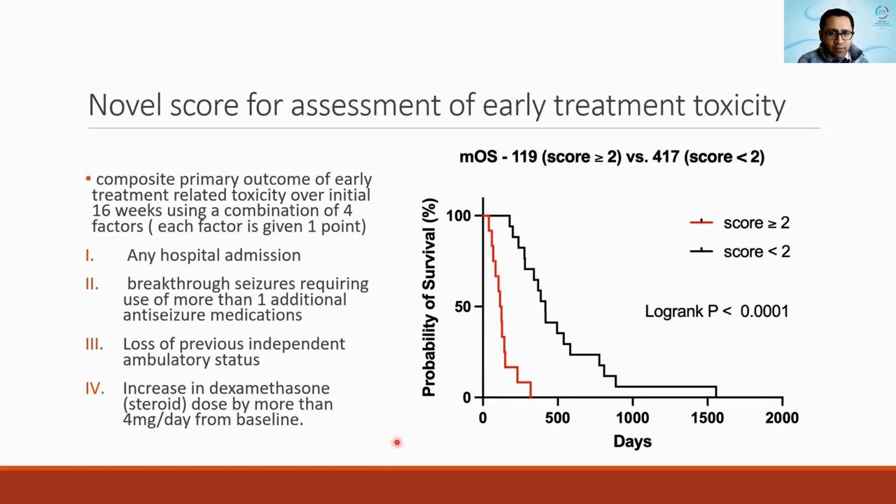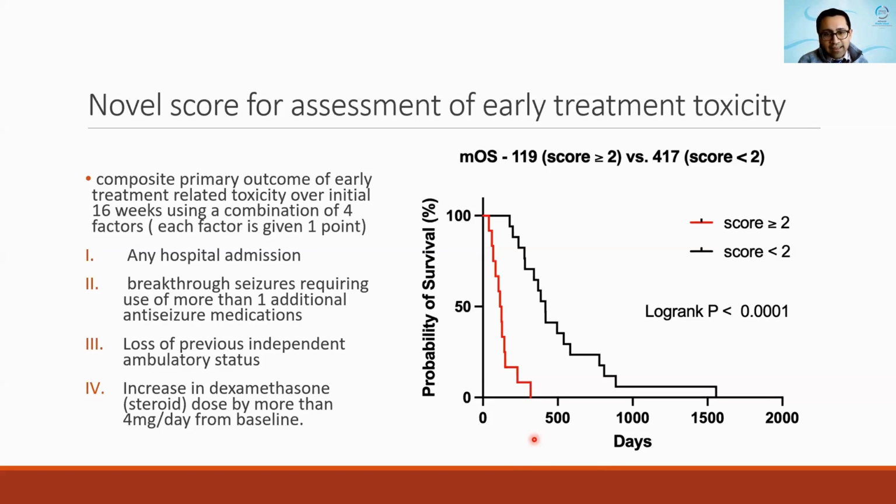So when we dichotomize this composite outcome to a score of at least 2 or more versus less than 2, which really reflects a score of 0 or 1, so it's 0 or 1 versus 2 or more, we did find a very significant difference in overall survival.